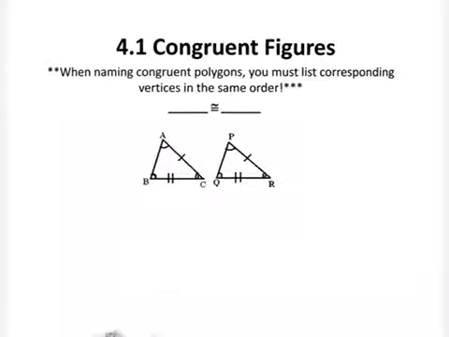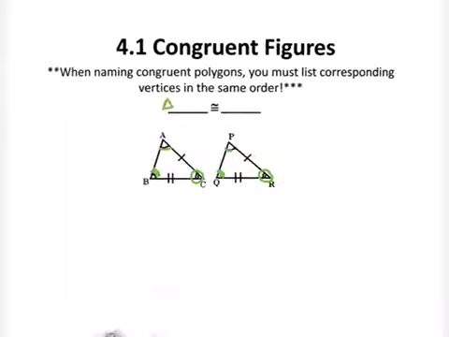When naming congruent polygons, you must list corresponding vertices in the same order. Therefore, since we know in this particular diagram that angle C here is congruent to angle R, and P and A are congruent, and then B and Q are congruent, when we go to write the congruent statement for this, we're going to list it so that the corresponding pieces match up.